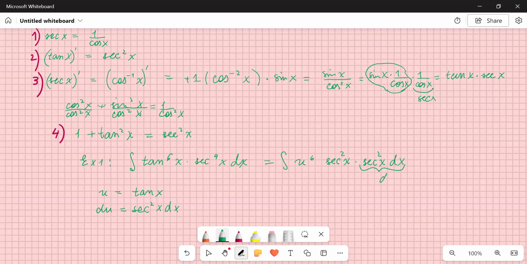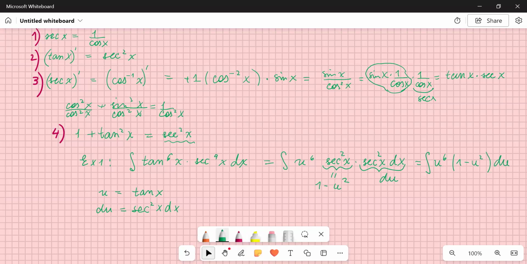This one is going to turn into du right away, we already know. And this one, using the Pythagorean identity, secant square over here is going to turn into 1 minus u square. Tangent square is going to be u square. I'm going to have a pretty simple expression, u to the power of 6, 1 minus u square du.